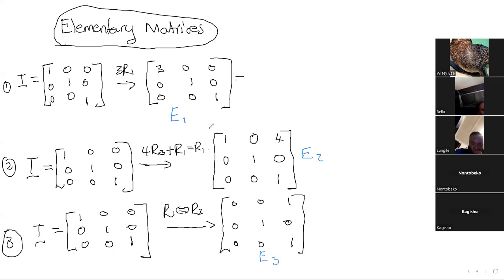They are called elementary matrices because from the identity matrix you performed one row operation and you got this matrix. Then from here you also performed one, and even here you also performed one.